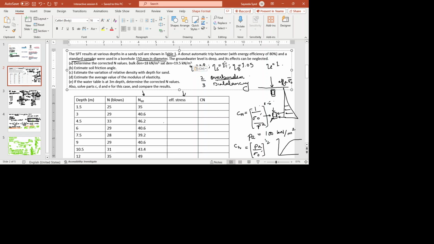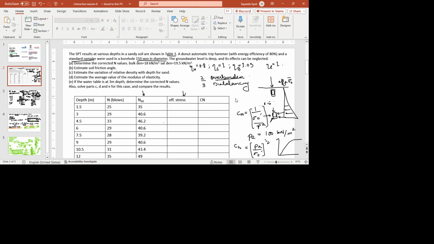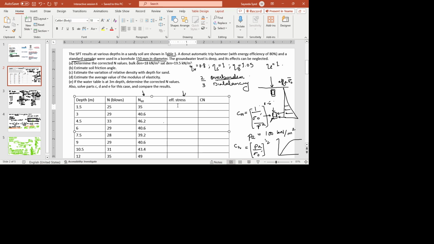So in the first scenario, we don't need to worry about the water table. We just need to calculate the effective stress, which will be equivalent to depth times the bulk density.